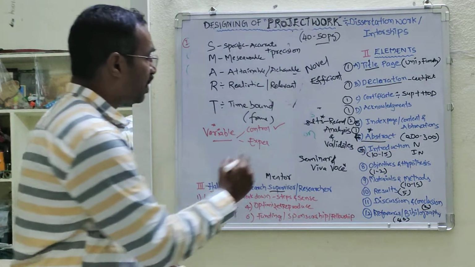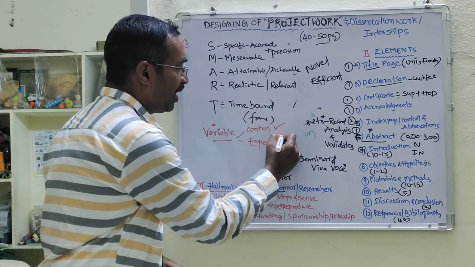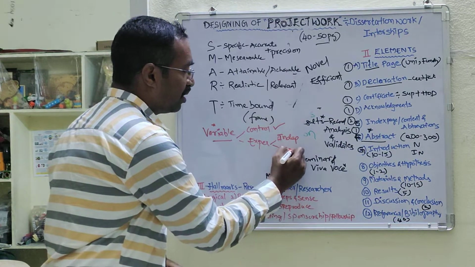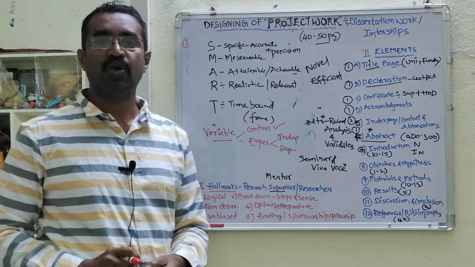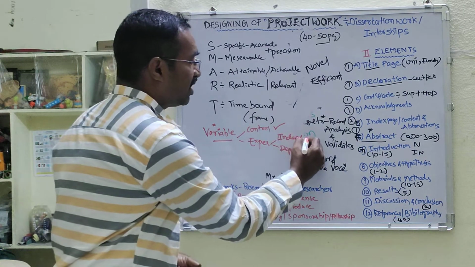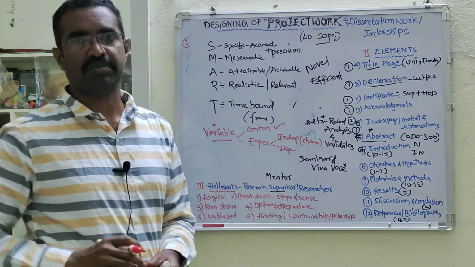Again, in the experiment there are independent variables and dependent variables. Independent variables are nothing but what we are going to change, always we have to change some parameters, only some parameters.